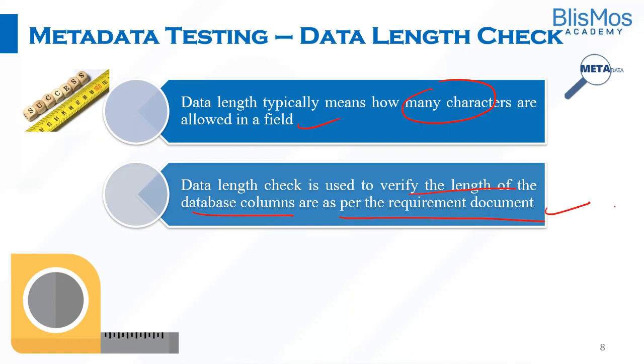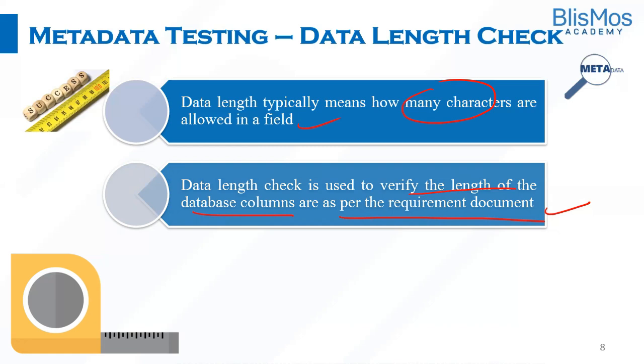Means if varchar 20 is the specified data length as per the mapping document, whether that particular field is allowing those 20 characters or not. What exactly is the data length specified as per the mapping document? Whether the developer has specified the correct data length or not. Because sometimes, let us say you have a phone number. In a phone number, you have 10 numbers.